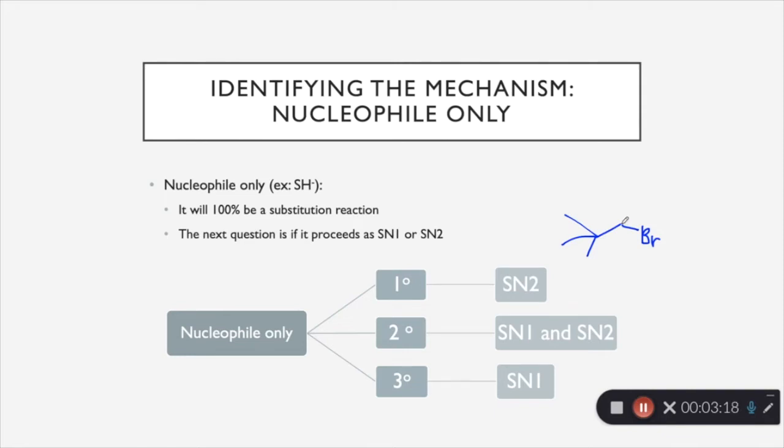For a secondary, so say this bromine is not here and it's right here, this would be a secondary substrate. This will produce both SN1 and SN2. And then if you have a tertiary, you know that it would be SN1 because SN1 always leaves behind that carbocation, and the carbocation is most stable in a tertiary position.